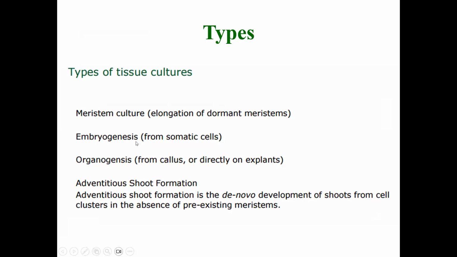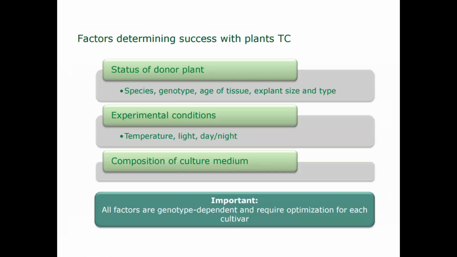Another is embryogenesis from somatic cell, organogenesis from callus or directly from explant. Adventitious shoot formation is the de novo development of shoot from cell clusters in the absence of pre-existing meristem. That means different types of tissue culture are done.